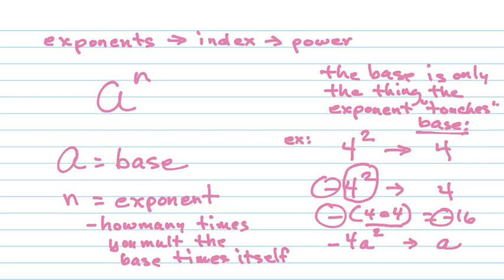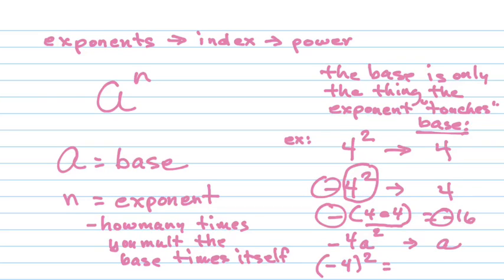Now, however, be careful. What is the exponent touching this time? Negative 4. It's touching the what? The bracket. So what is the base of the exponent? The bracket. And everything that's inside the bracket just follows along.